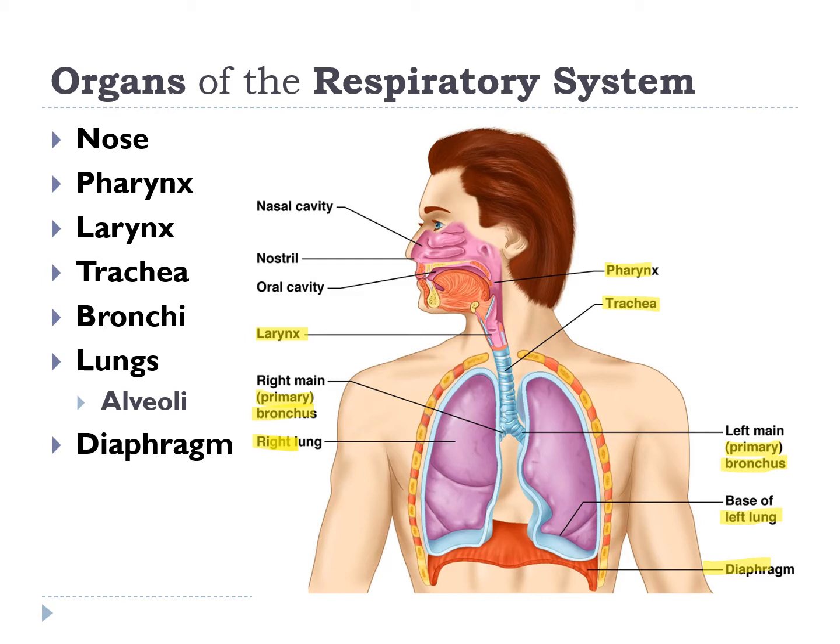And the diaphragm is the muscle that separates your abdominal cavity from your thoracic cavity housing your lungs and your heart. And that is the major muscle that when it contracts is in charge of causing you to breathe in. So it's the major muscle of respiration or ventilation.